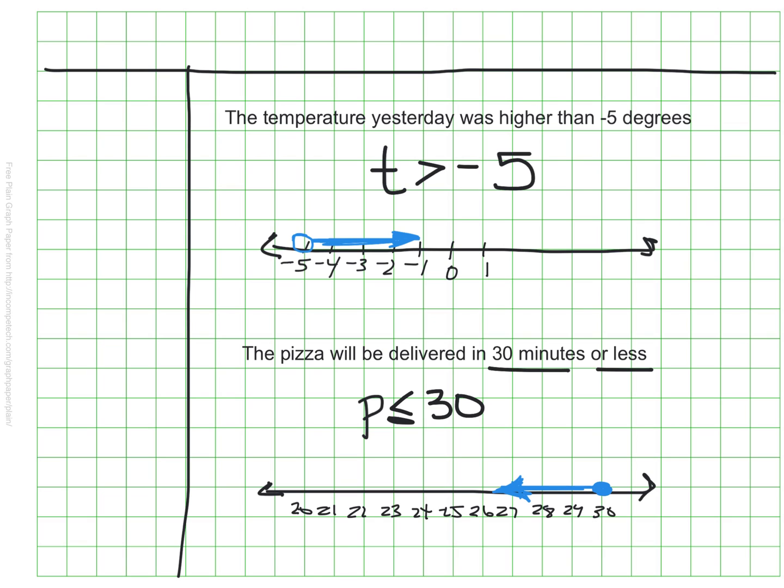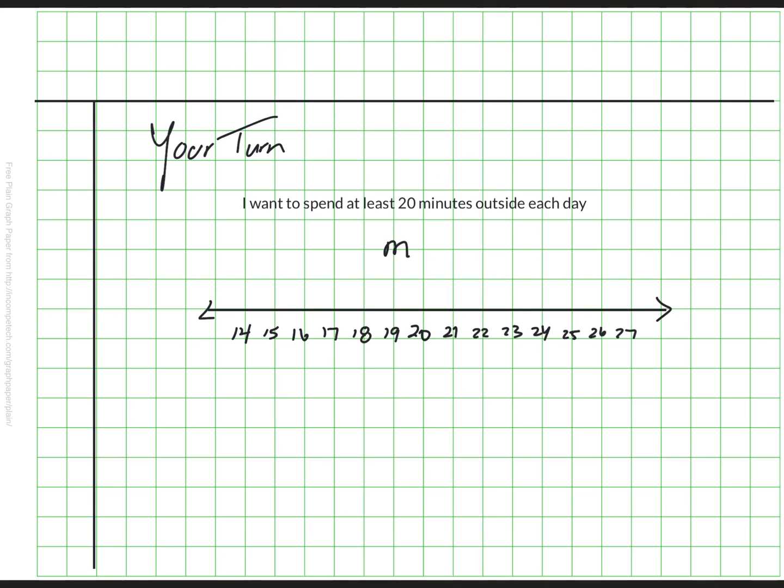And you might be noticing that I don't have my number line starting at 0. In an inequality, that's okay, right? I'm going to start and make my graph represent values that make sense for the situation. So as you can see, there are lots of times that we use inequalities, even if we haven't thought about it in that way before.